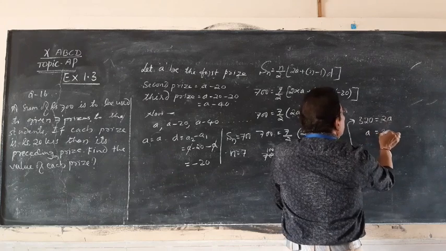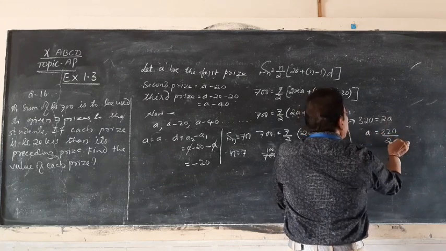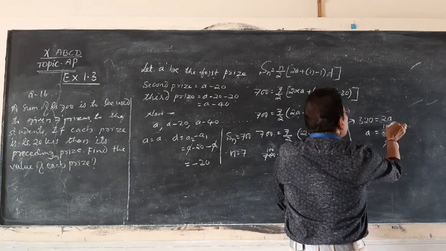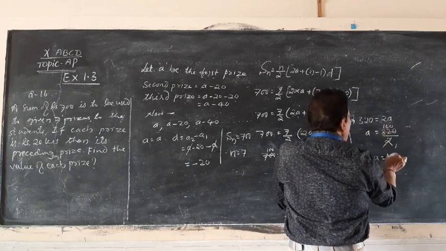Therefore A equals 320 divided by 2, A equals 160.